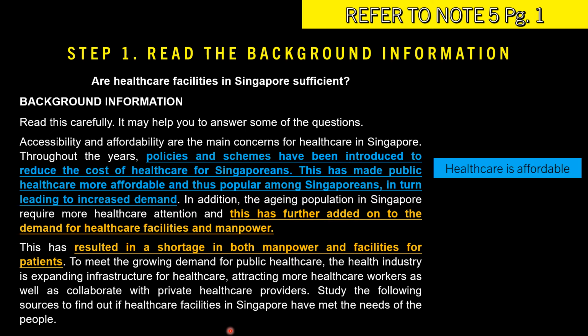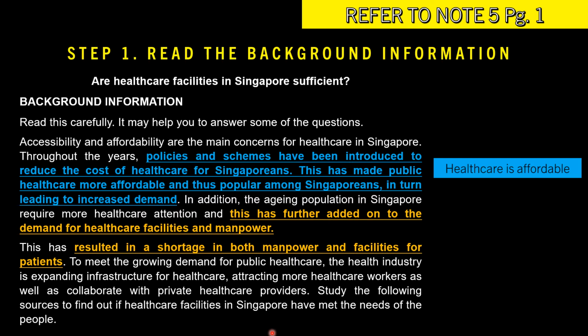All right, and because of that, it has led to an increase in demand. And when we talked about increase in demand, that means something is lacking. There is a trade-off. All right. Now, because of the increase in the aging population, definitely the demand for healthcare facilities and manpower increase. It means there'll be more people who require the added facilities and the added manpower.